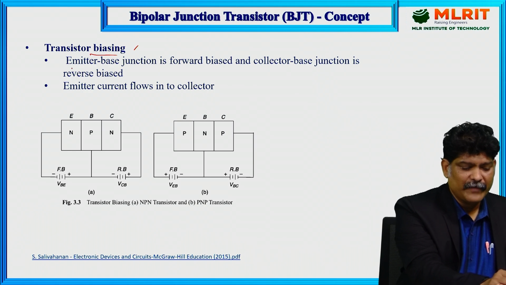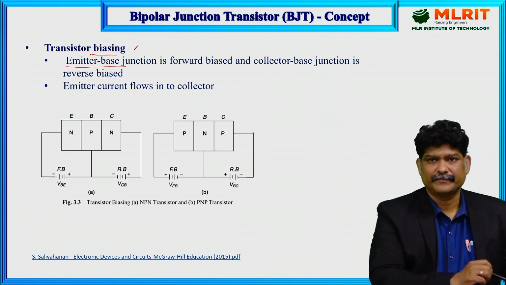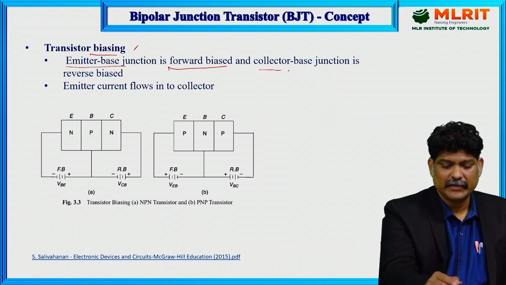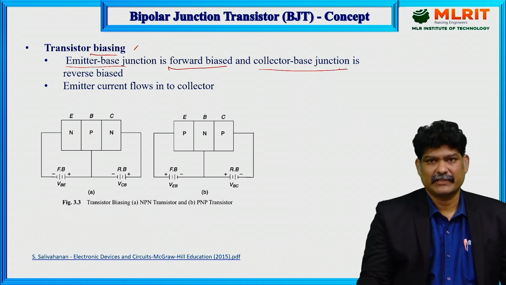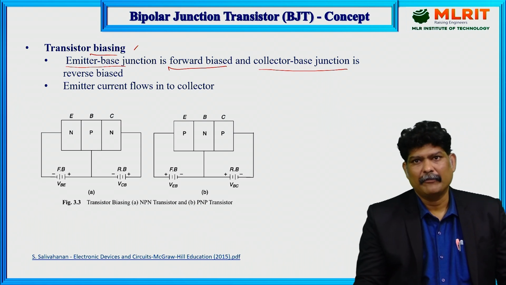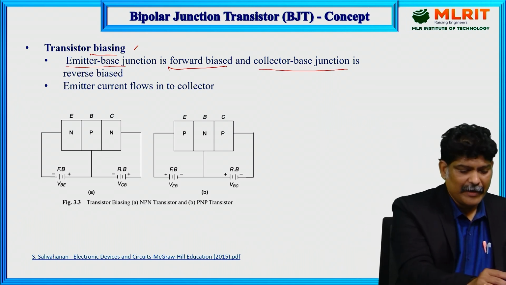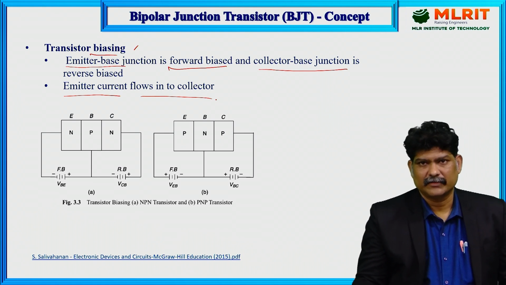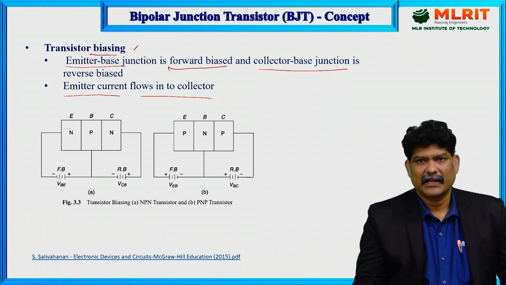So here the input side emitter base junction is forward bias and the output section collector to base junction must be reverse bias. Actually this setup is for amplification purpose, and emitter current flows into the collector. That is the main concept of the transistor.